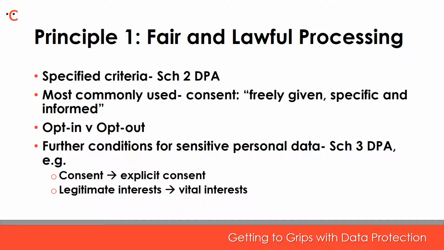So when looking at consent, it's always advisable to get opt-in consent if you can, where an individual or data subject signs their agreement to their data being processed in a certain way and has to make a positive indication, rather than one where they simply are assumed to have consented.